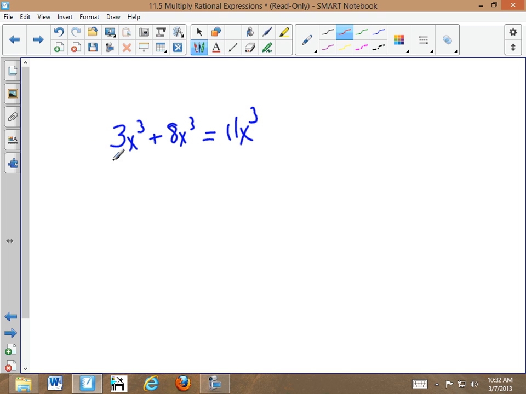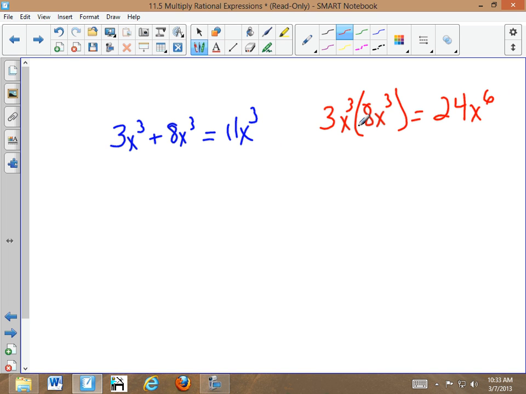Because your letters and exponents are exactly the same, you add the numbers in front, keep the letter and exponent the same. 3x cubed times 8x cubed, now you're multiplying. 3 times 8 is 24. X cubed times x cubed is x to the 6th power.